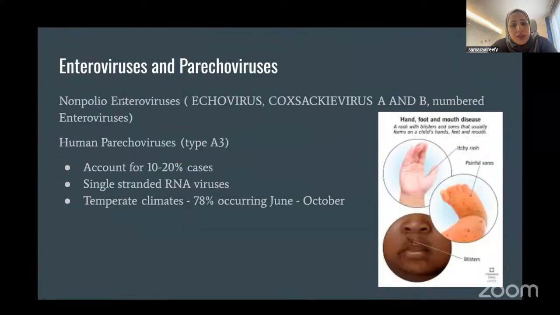Other viruses include enterovirus. The patient that I saw earlier had an enterovirus-positive nasopharyngeal swab. The enteroviruses are the family of the non-polio enteroviruses, including the echo, Coxsackie A and B, and the numbered enteroviruses, as well as the human parechoviruses.